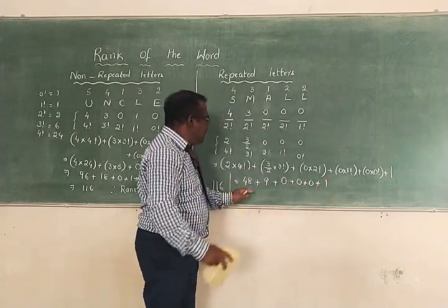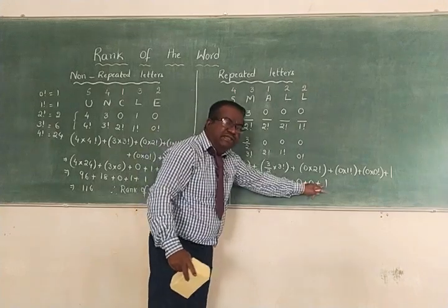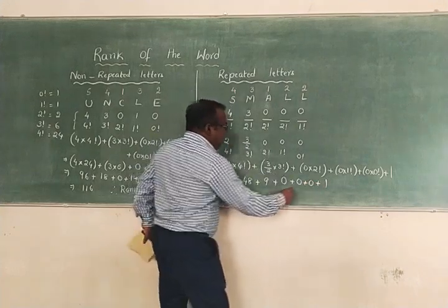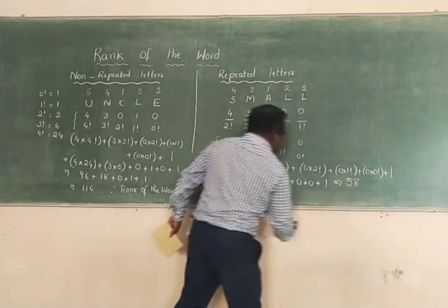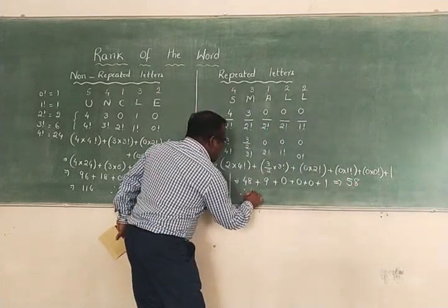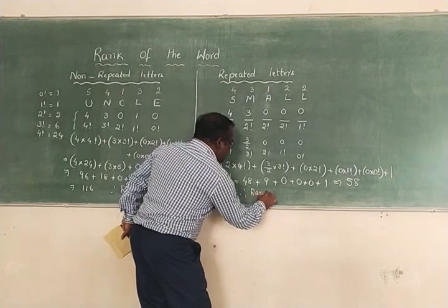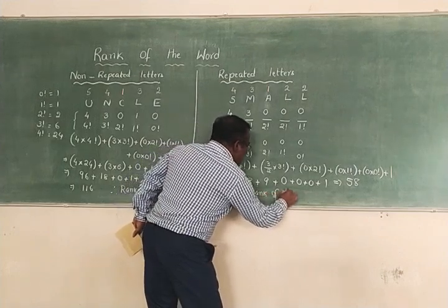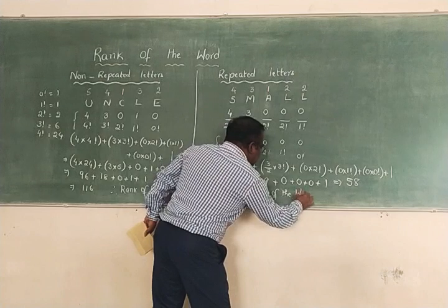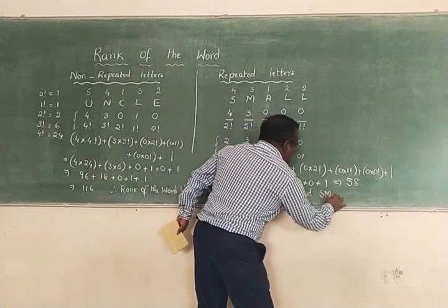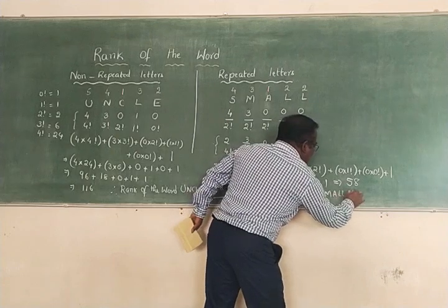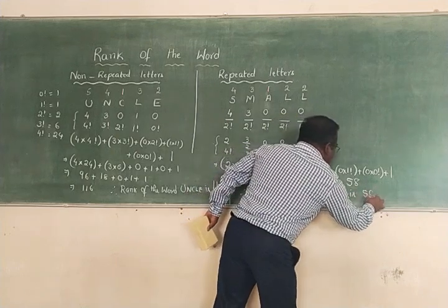That is 48 plus 9 plus 1, that is 58. Therefore, the rank of the word SMALL is 58.